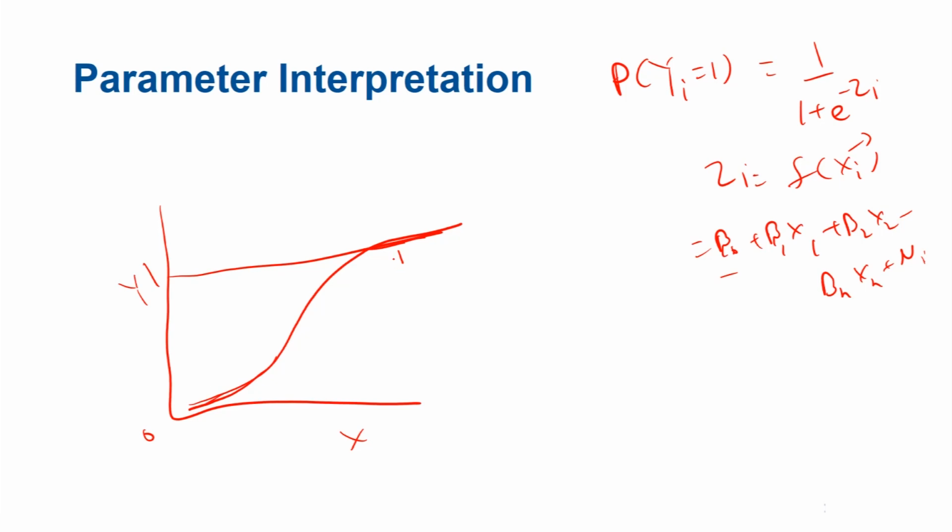Now such behavior, which is non-linear in nature, requires high school mathematics to understand that the impact of zi on yi varies. Here this x essentially captures the dynamics of zi, which is this function. So the impact of zi on yi varies depending upon where you are on this zi.